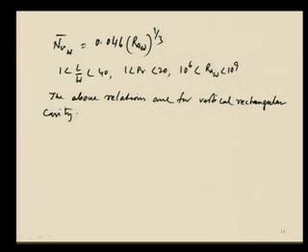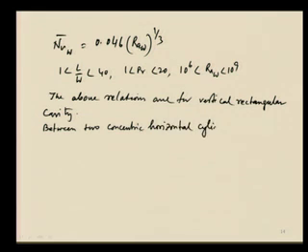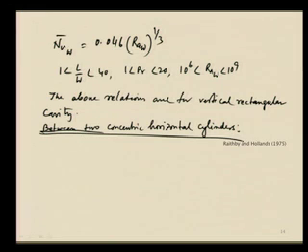And then there is another relationship between two concentric horizontal cylinders. So, this is also an enclosure between two concentric horizontal cylinders. So, this is also an enclosure.